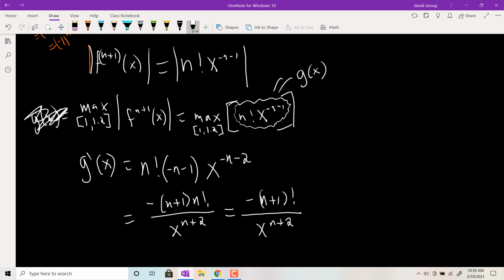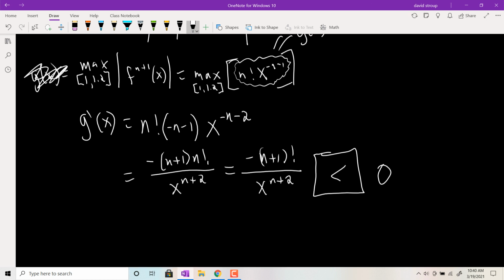This derivative for all values in that interval is going to be negative. In other words, it's less than 0, so it's decreasing in that interval. Hence, the absolute value of the n plus first derivative of f is decreasing.